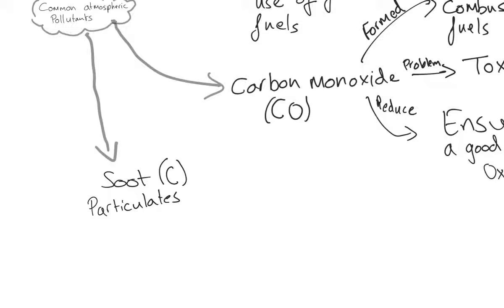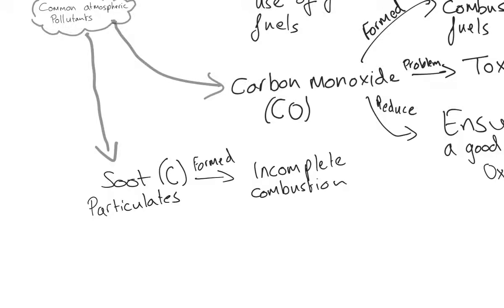But if there's very little oxygen when you're burning a fuel, you need some for it to be able to combust, but if there's a very small amount of oxygen, then what you end up with is some soot. Okay, so it's again formed by incomplete combustion of fuels.